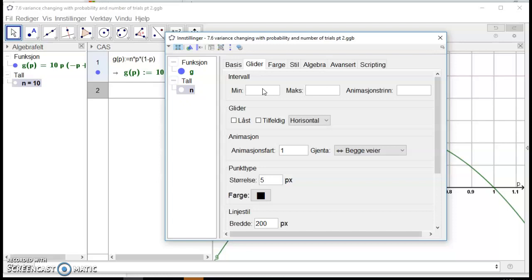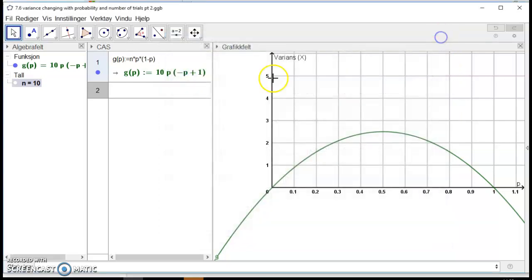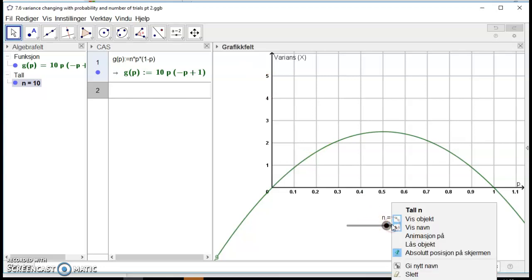So it's from 1 trial to a maximum of 20 trials. And okay, let's just show our glider here. What happens when we animate this glider?